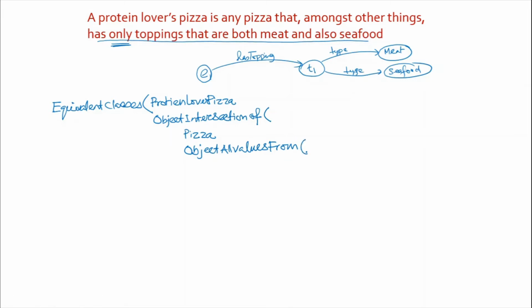The restriction would be on hasTopping, and this topping should have, as the restriction, the intersection of meat and seafood.